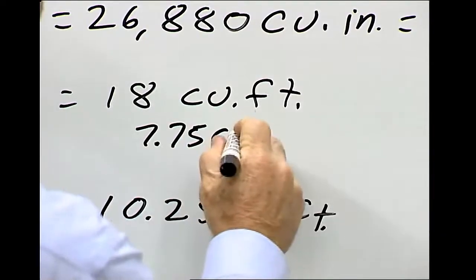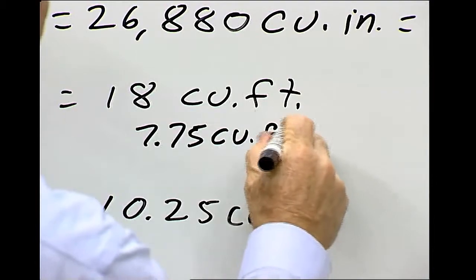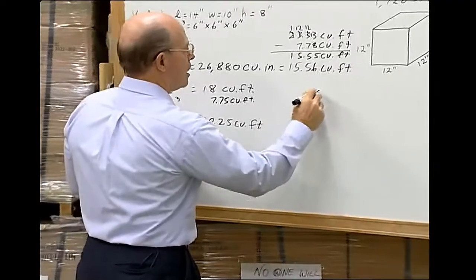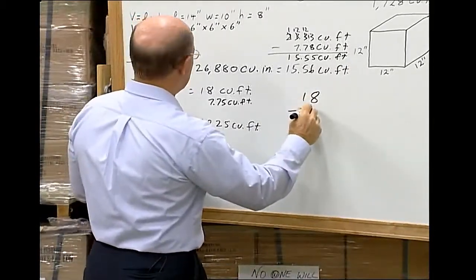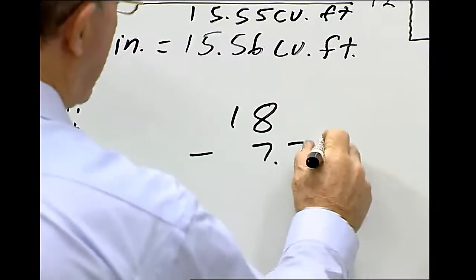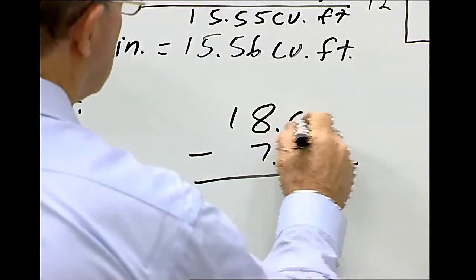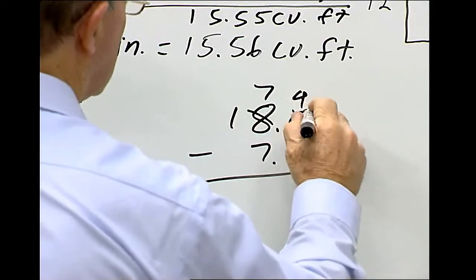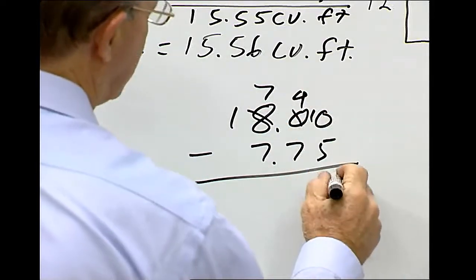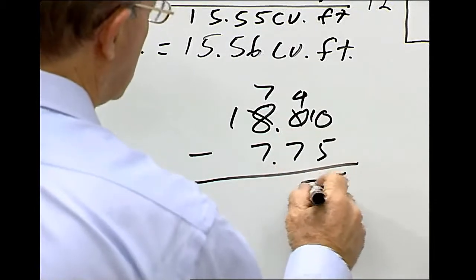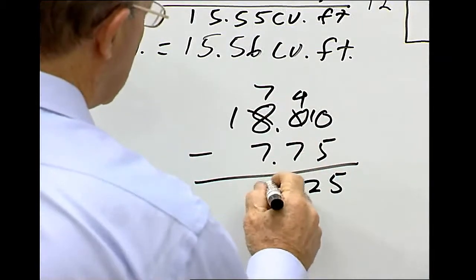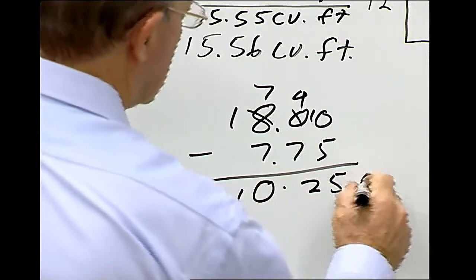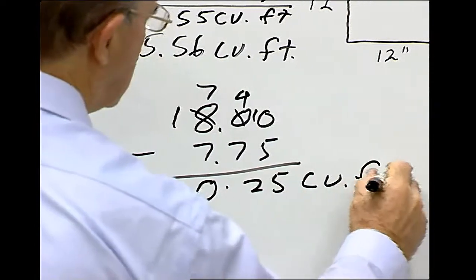7.75 cubic feet. So 18 minus 7.75 equals, 5 from 10 is 5, 7 from 9 is 2, 7 from 7 is 0, 10.25 cubic feet.